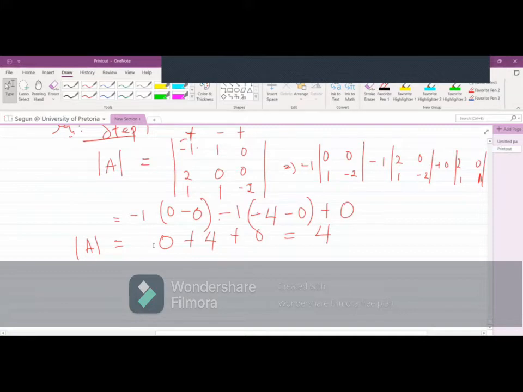Now, when you are working with cofactors, yes, who raised their hand? Go ahead. I think for the sake of the exam, sir, if we are having this type of matrix, it is better we go for the column or the row that has plenty of zeros so that you do less work and it will be faster.